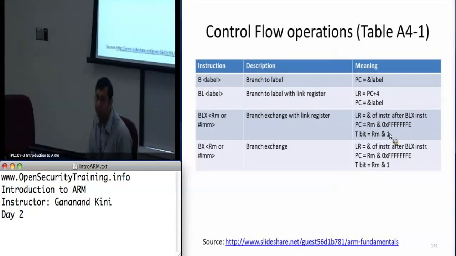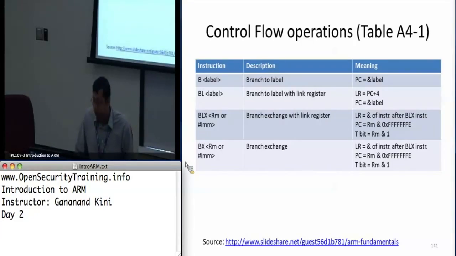So if you're in thumb mode and you want to switch to a new label, or you want to branch to a new label, if you set that least significant bit of the address, the thumb mode bit actually gets updated with that bit. So in this case, the address can be odd or even, depending on the destination mode you want to switch to.